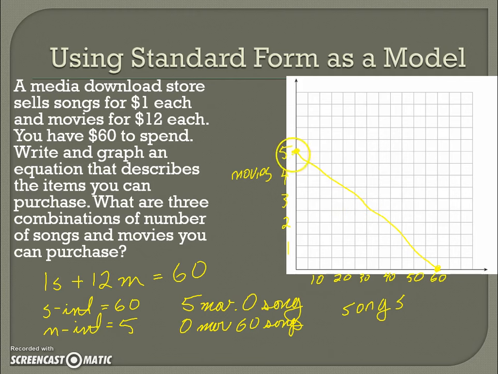If I did 3 movies, that's 3 times 12, which is 36, which leaves me with 24 songs to get up to the $60 that I have. Okay, so you could do 3 movies and 24 songs. You could do a lot of different things here. You could have done 1 movie and 48 songs. All these different values would have worked, but here's 3 of them right there. You're only asked for 3.